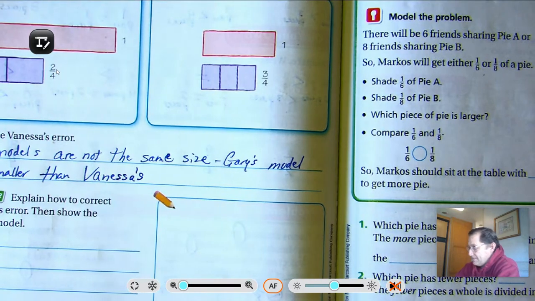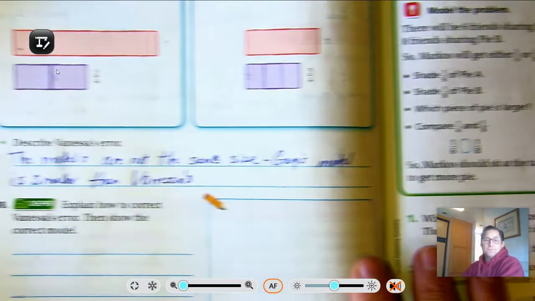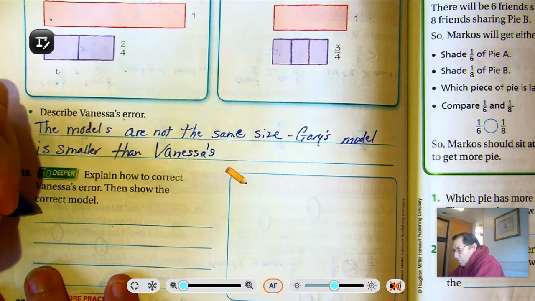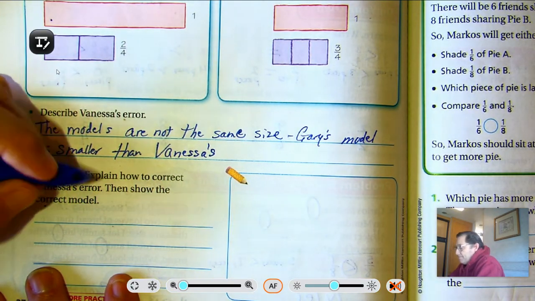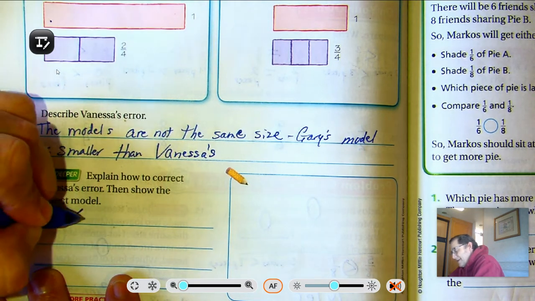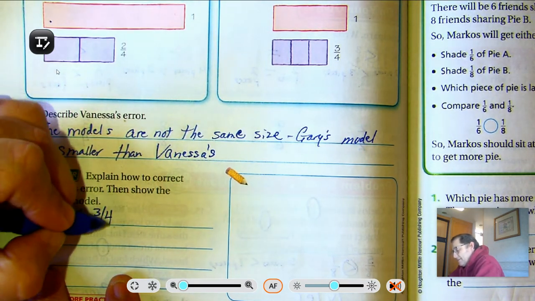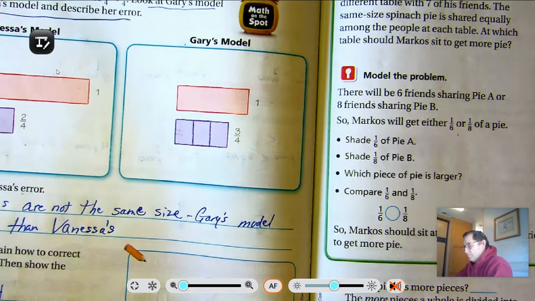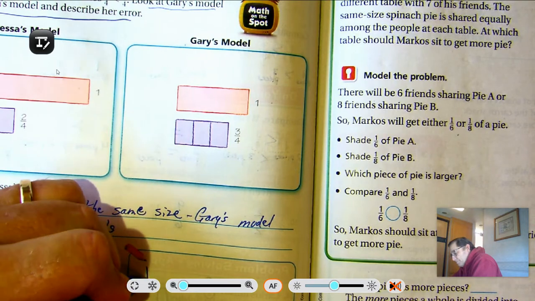Explain how to correct Vanessa's error, then show the correct model. So you should say 2/4 is less than 3/4. What's the correct model?